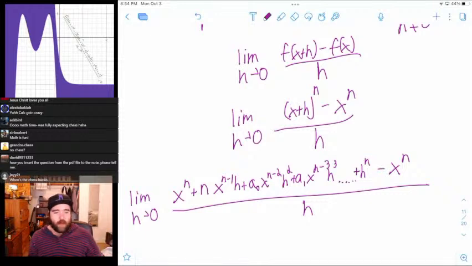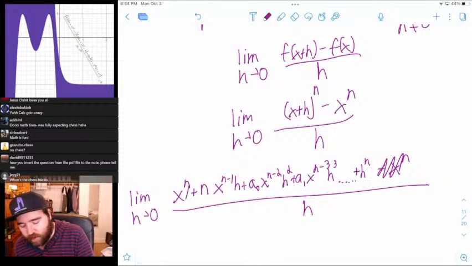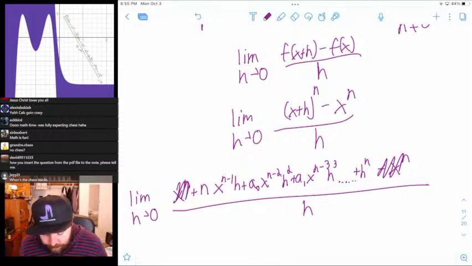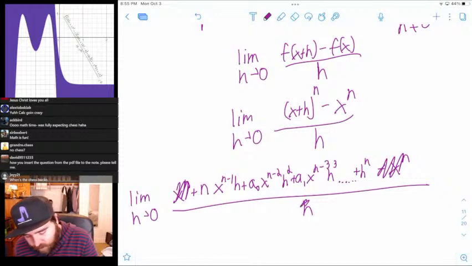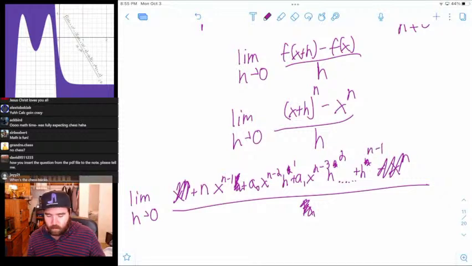All right, so what can we do now? Now we're in the simplifying stage. So let's cross out our x to the n's. And then look how now everything has an h in it. So we can cancel out this h with everything on the top that has an h in it. So all of these h powers decrease by 1. But then what happens next?